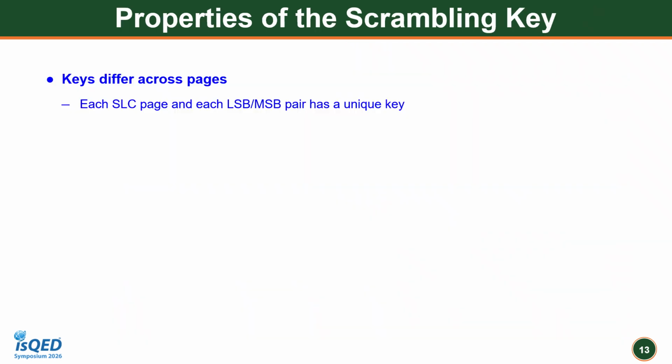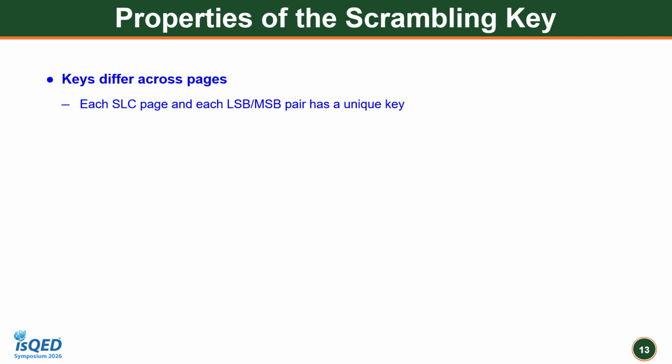Across all of the NAND flash samples used in this work, we found unique properties of the scrambling key. First, keys are different across NAND flash pages, which means the SLC page, and the LSB and MSB shared pages within a block, all have unique keys.